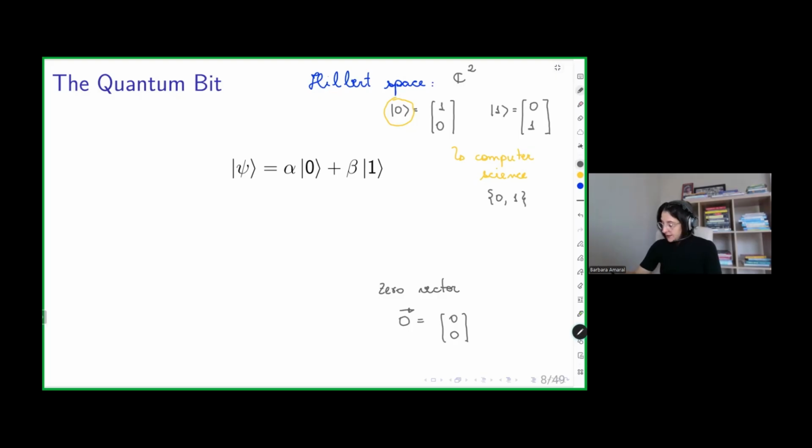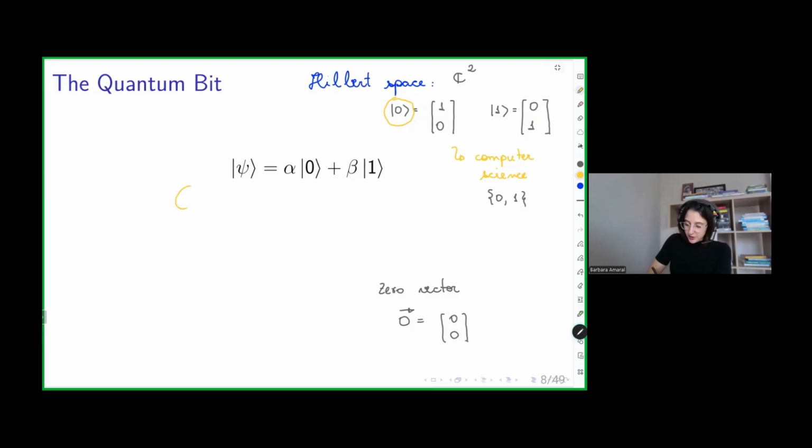Okay, but the special characteristic that the quantum bit has when compared to the classical bit, is that the classical bit has two states, 0 and 1. We have the extremal states associated with these bases here, but we can also make superpositions of these states.